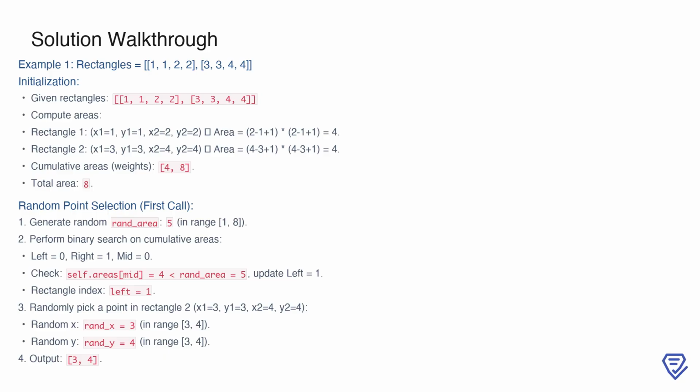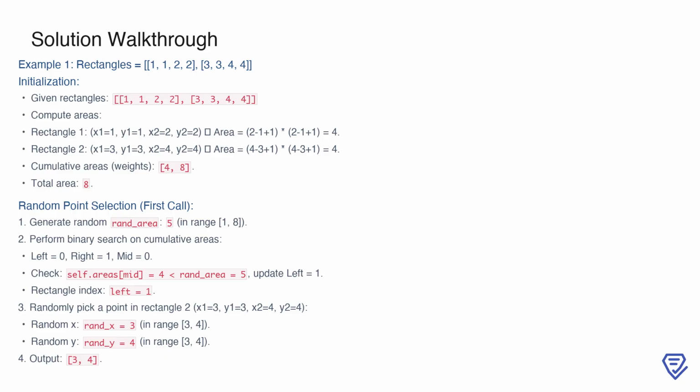Now, for the first random point selection, we generate a random number within the range of 1 to 8, let's say it's 5. Using binary search, we determine which rectangle this value corresponds to. Starting with left at 0 and right at 1, the midpoint is 0. Since the cumulative area at index 0 is 4, which is less than 5, we update left to 1.